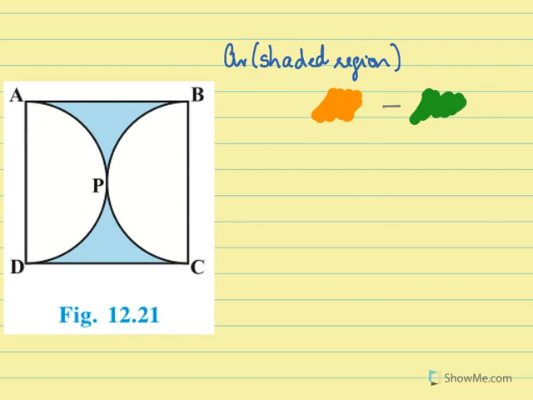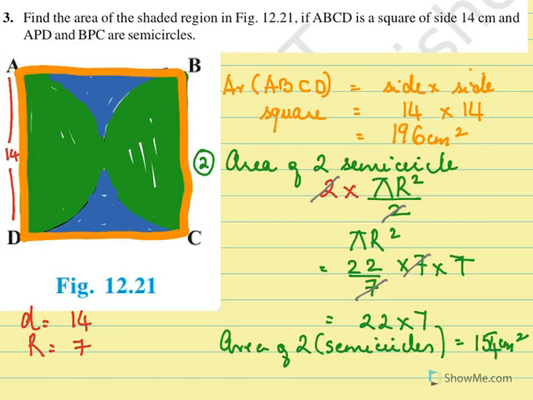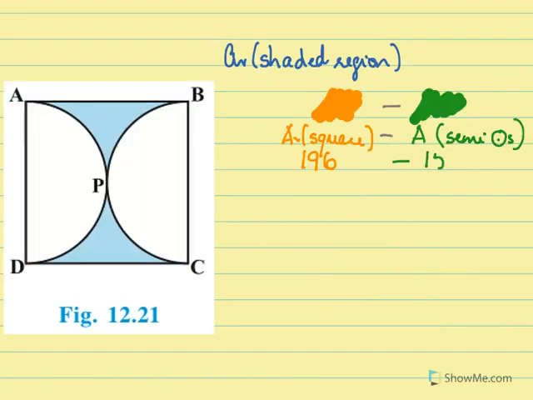Area of the square we found as 196, and this is 196 minus 154, which is equal to 42 centimeter square.